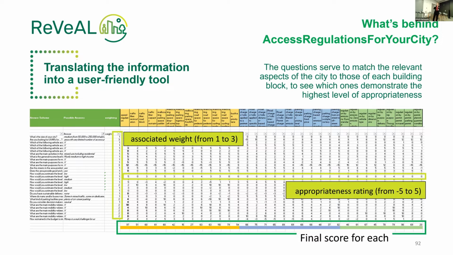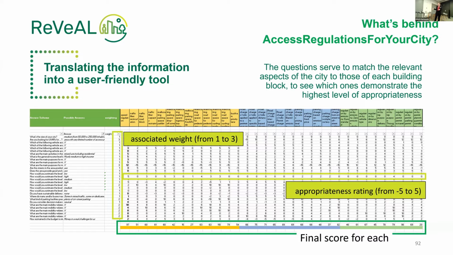When the user of the tool answers all the questions, each answer gets a level of appropriateness from -5 to 5 for each of the different building blocks, and then it is multiplied by the weight for that specific answer, from 1 to 3. So for each building block, the tool sums up the column and gets a final score.